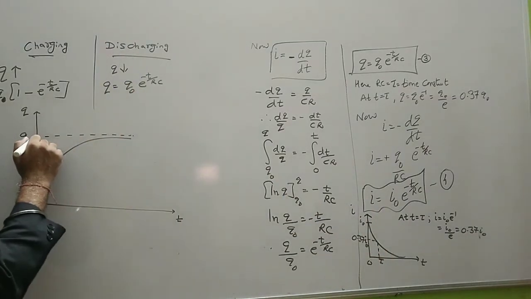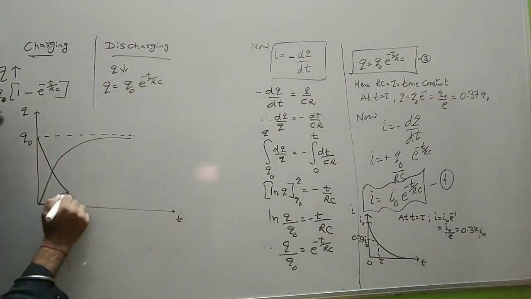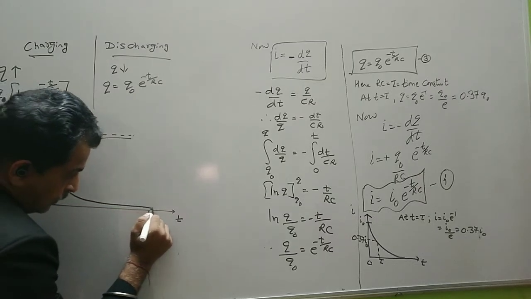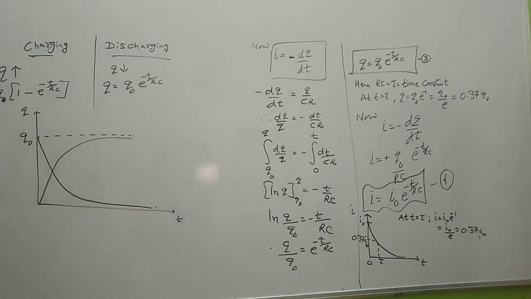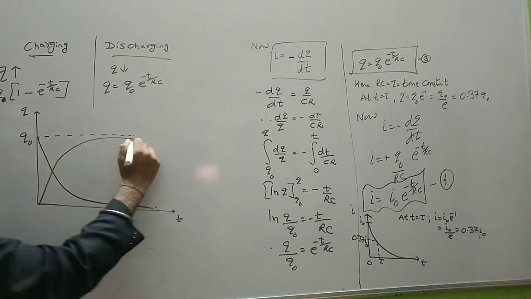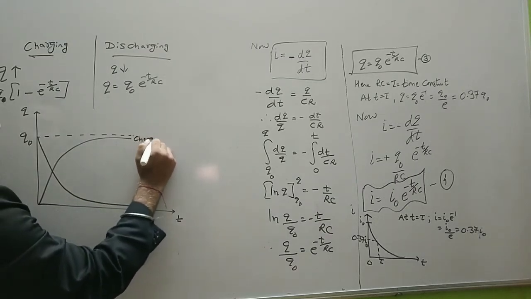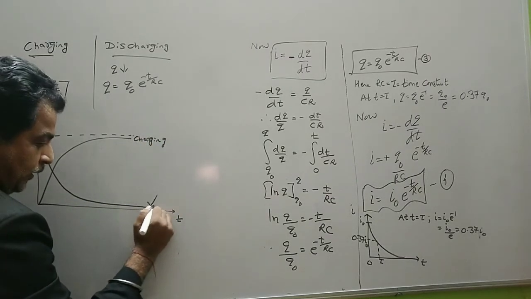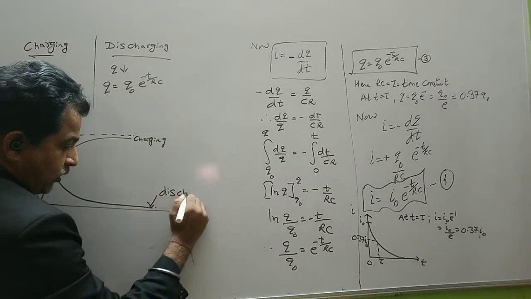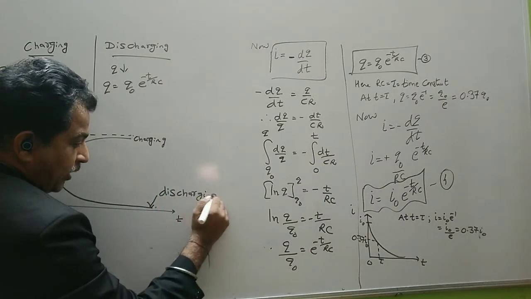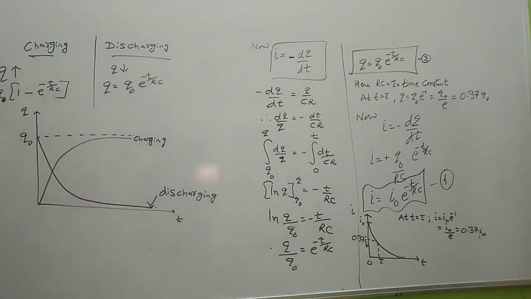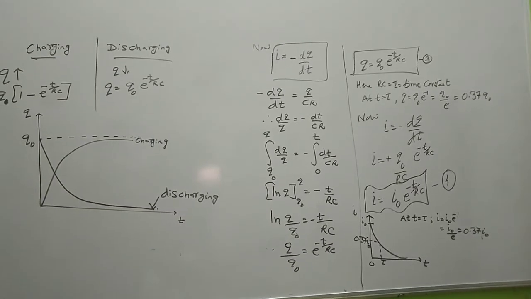It is exponentially increasing. This is the charging of a capacitor, and this is discharging of a capacitor, that is the charge is increasing or the charge is decreasing in the circuit.